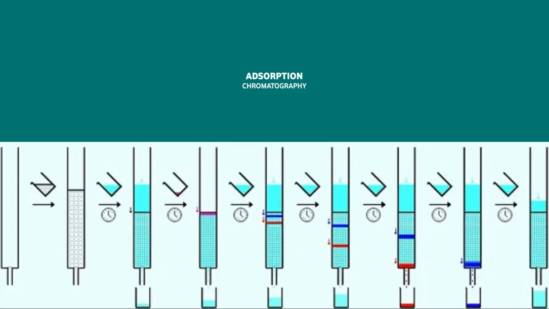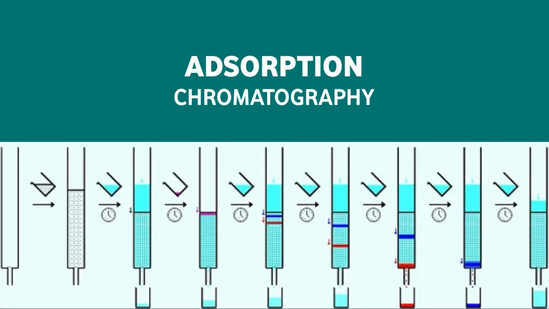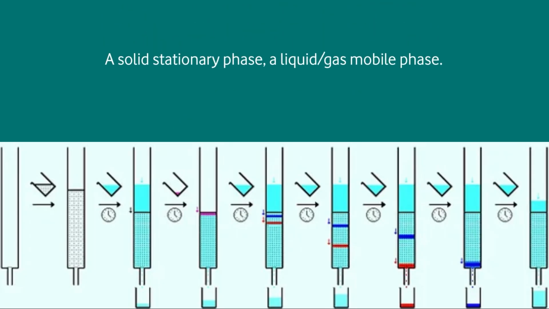Let us see the separation because of adsorption. We call it adsorption chromatography. Here, as I told you, there is a solid stationary phase, and the mobile phase can be liquid or gas. The mobile phase is carrying the mixture of constituents which we are analyzing.